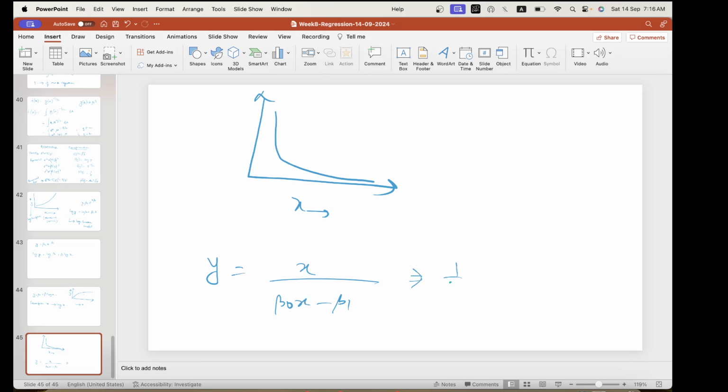So if we take 1 by y, that would be beta naught minus beta 1 into 1 by x. So for this sort of scenario, y would be transformed to 1 by y and x should be transformed to 1 by x. And then we can go about doing these sorts of transformations.